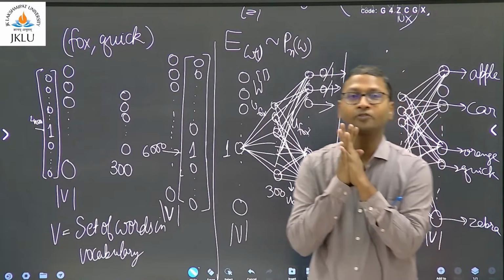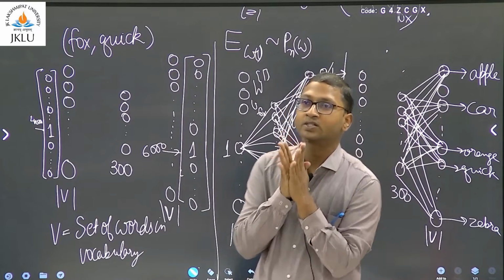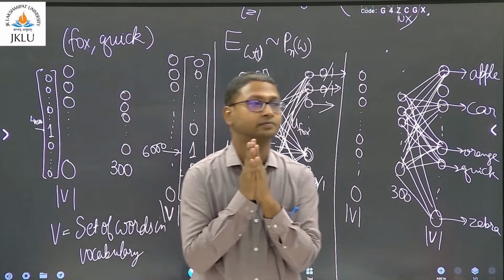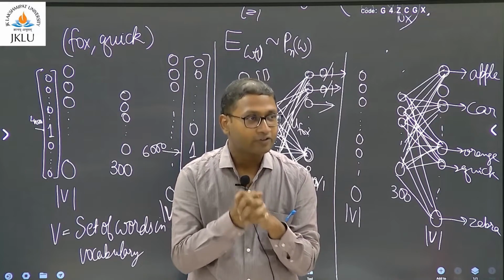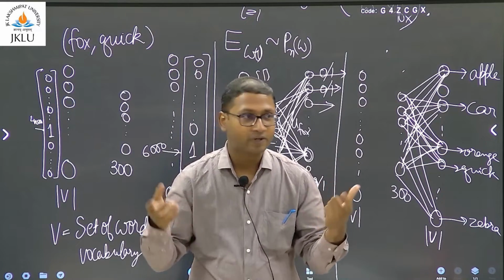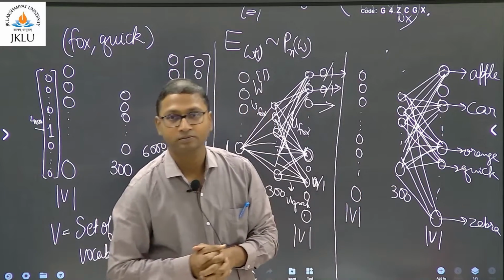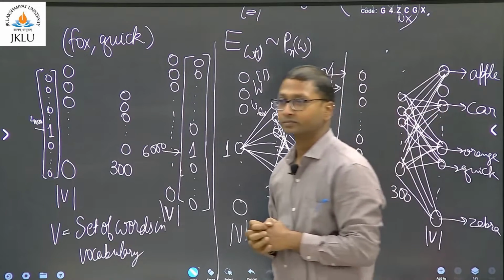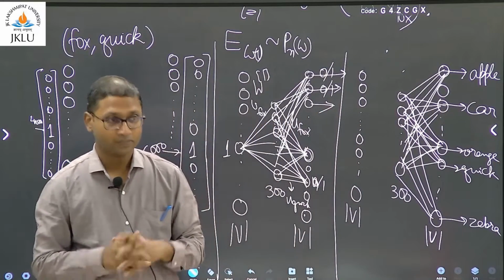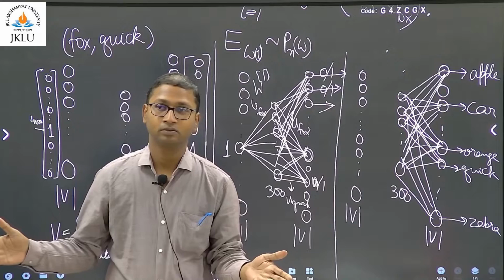So I have mod V words in my vocabulary. Should the probability of every word be 1 by mod V? Everybody agrees? How many of you agree?